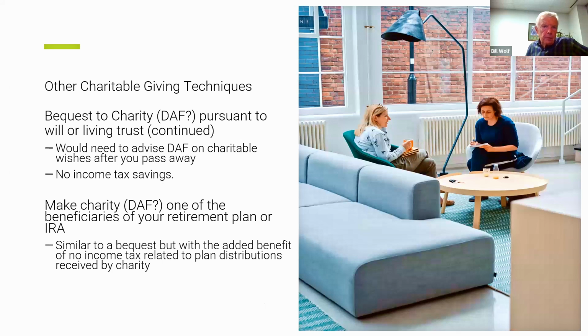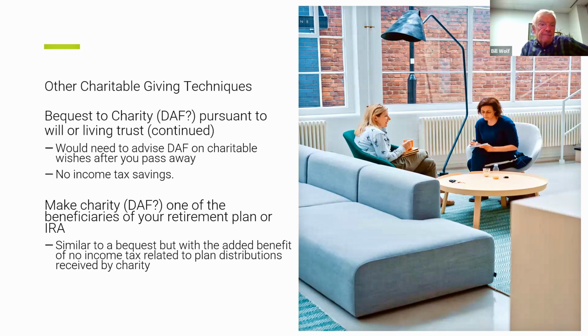So we talked about a bequest, and so I'm thinking, gee, is there any way to turn a bequest into something that has an income tax benefit? And one thing I thought of is at the bottom of the slide, and that is, instead of bequesting cash, you bequest an interest in your retirement plan or your IRA.